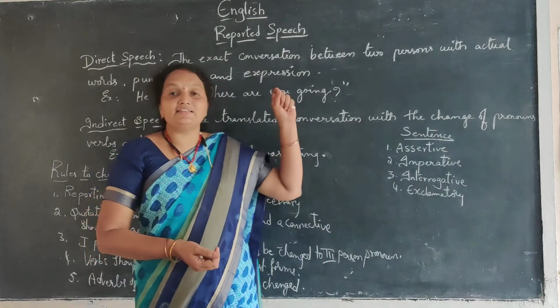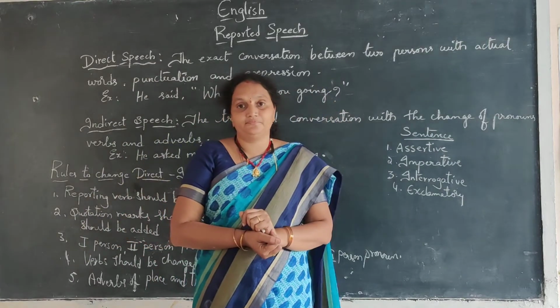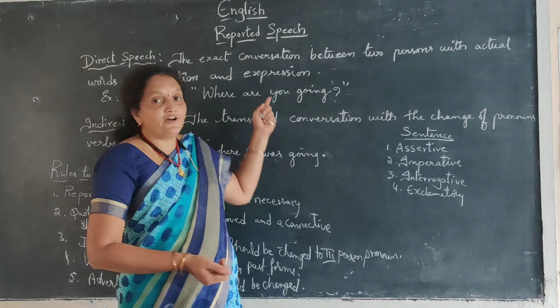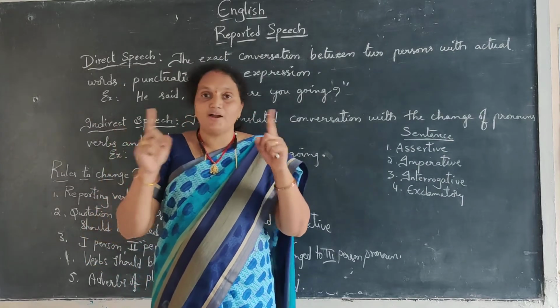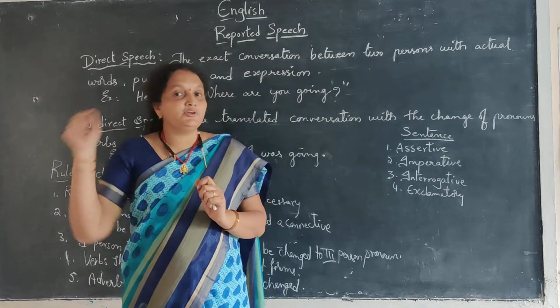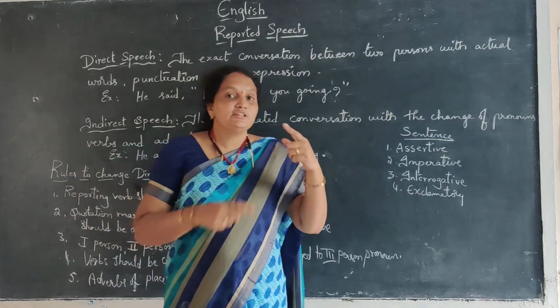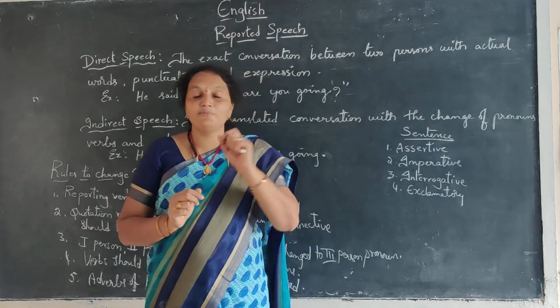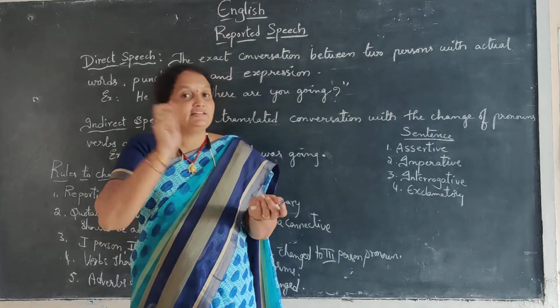That is indirect speech. First, you and your friend are talking to each other directly. That is direct speech. After going home, you tell your mother about your conversation, informing your mother.